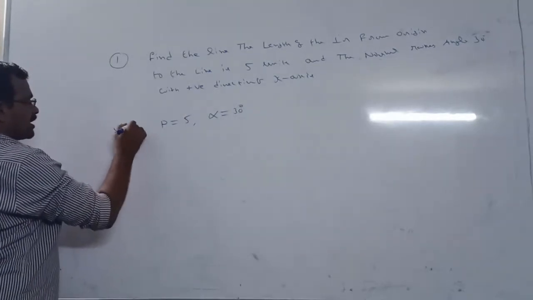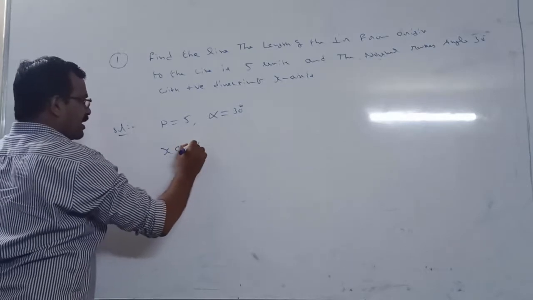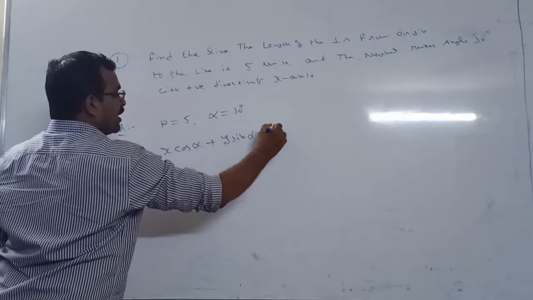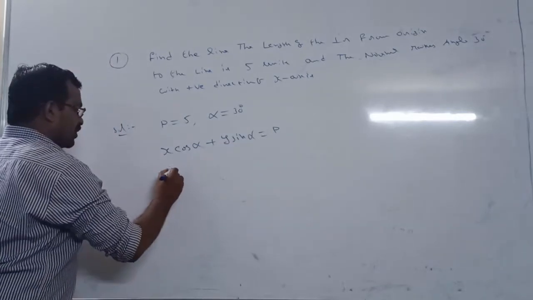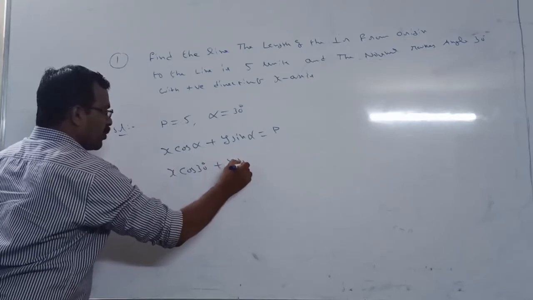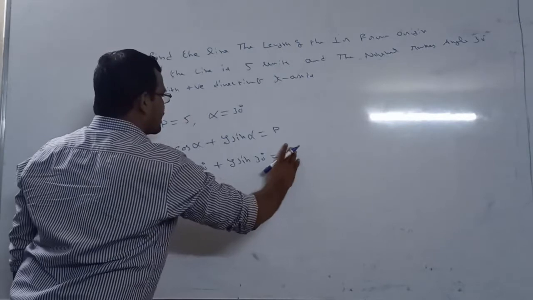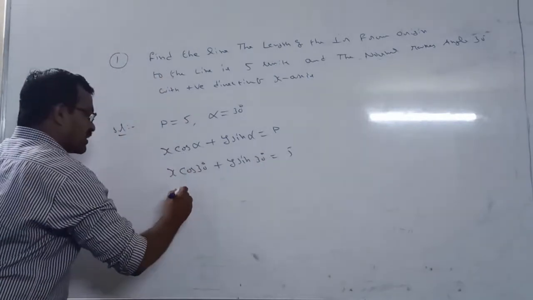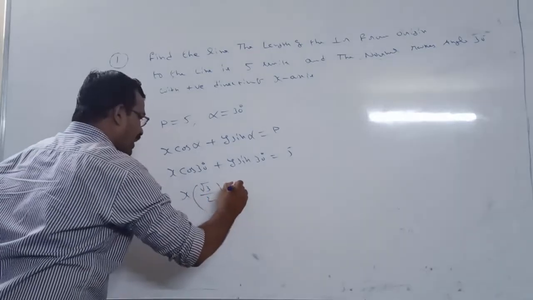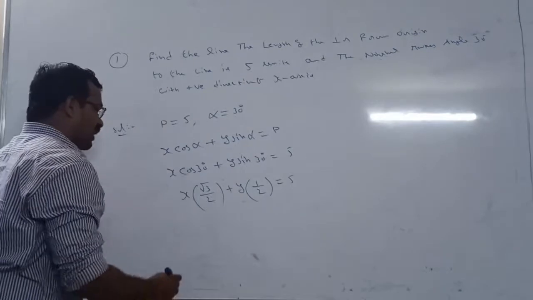In this case, our required equation is x cos alpha plus y sin alpha equal to p. So x cos 30 plus y sin 30 equal to 5, that is x into root 3 by 2 plus y into 1 by 2 equal to 5.